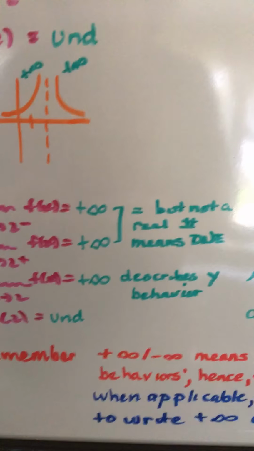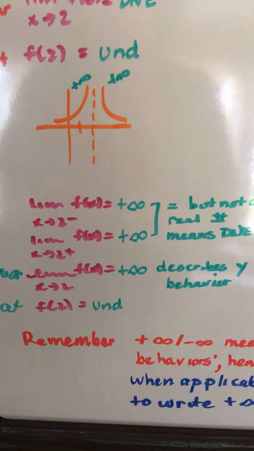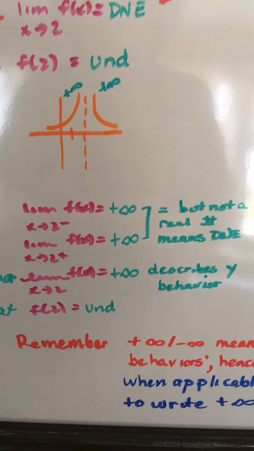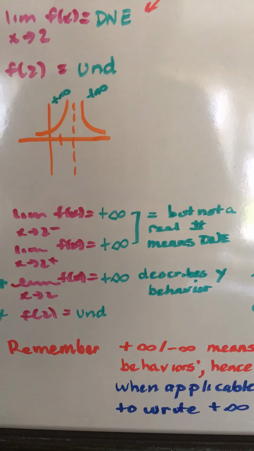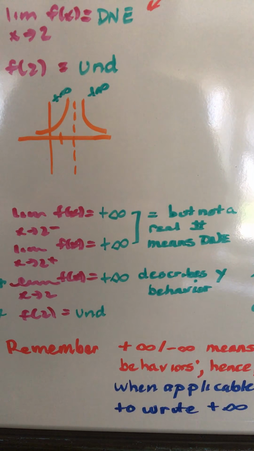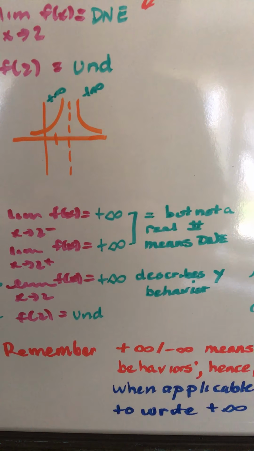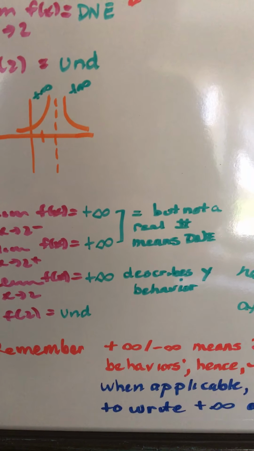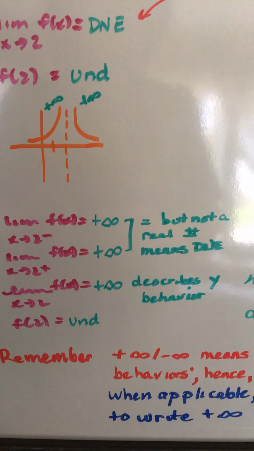Now down at the bottom, I make a graph where both of the sides point towards heaven. And so the limit as I approach 2 from the left is going to positive infinity. The limit as I approach 2 from the right is going to positive infinity. These are equal, but not a real number. And if somebody asks you, does the limit exist? No, it doesn't.